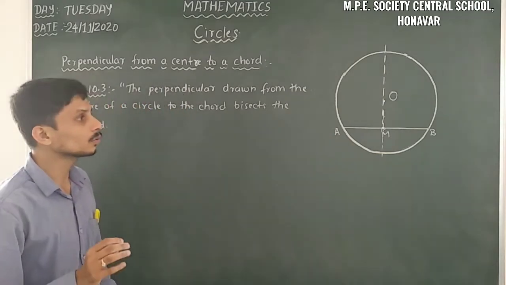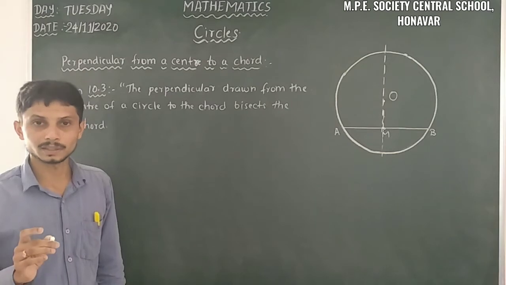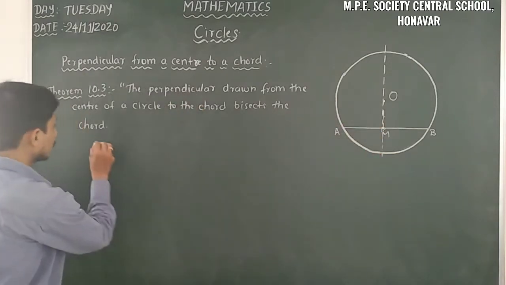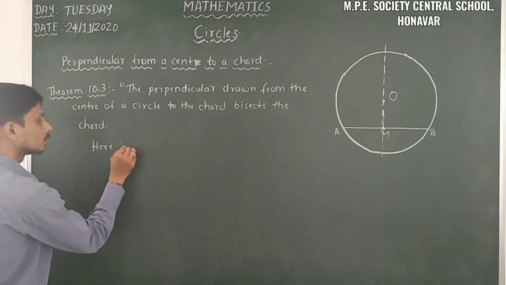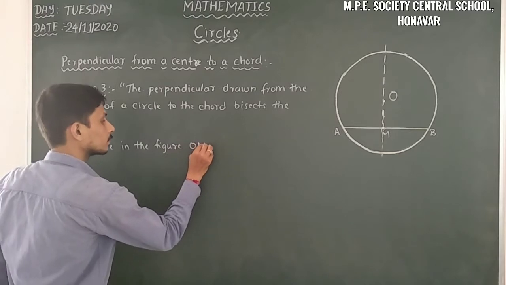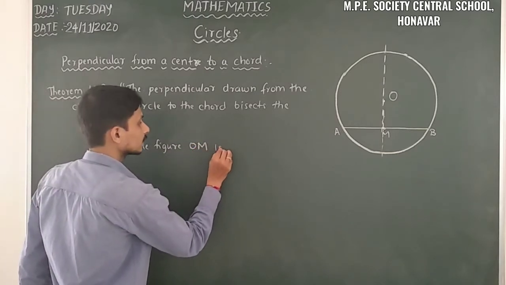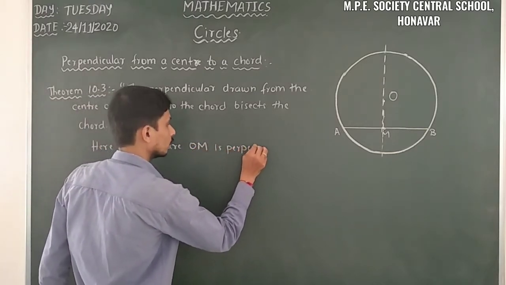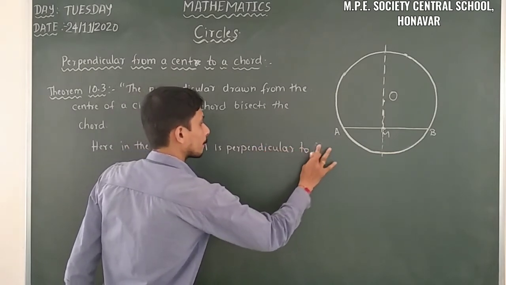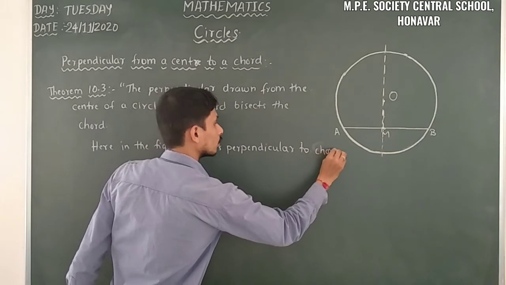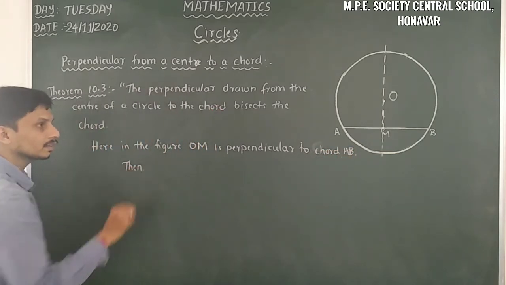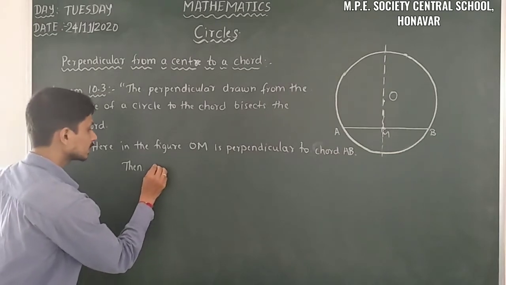So here in the figure, OM is perpendicular to chord AB, then OM bisects AB.